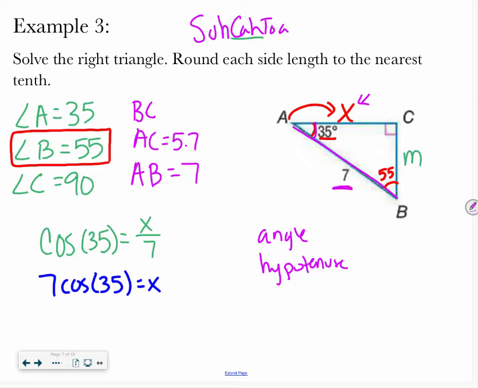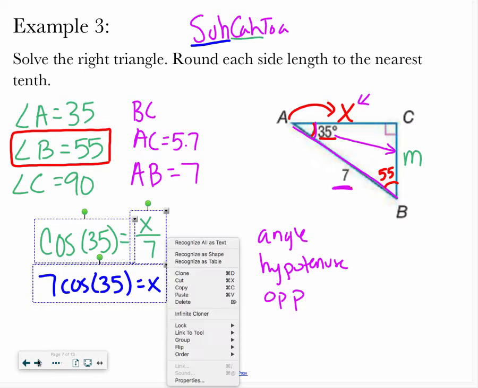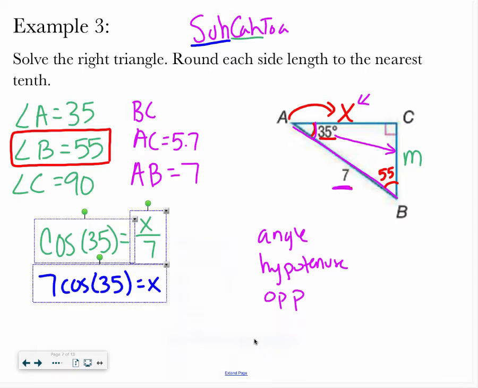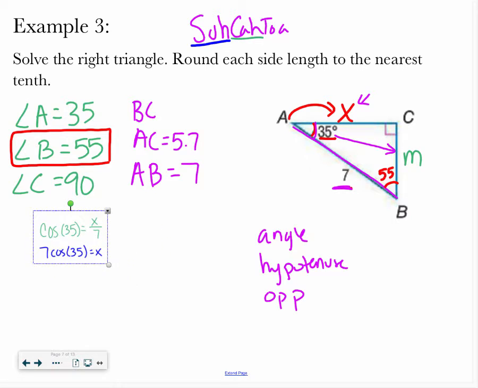And I want the side that is opposite of my 35 degrees. So hypotenuse and opposite, that looks like I'm going to be using my sine. So if I plug that information in, I'm going to get sine of 35.